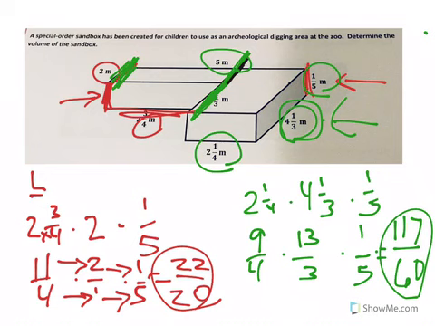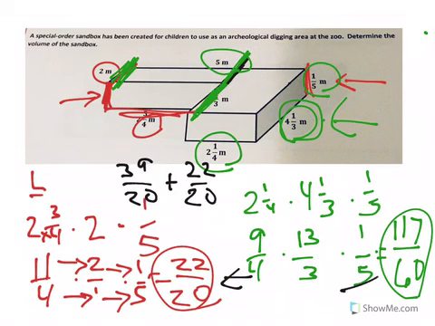which we can simplify into 39/20. And then we can add that to our 22/20 that we have here, because we have to put the pieces back together. We end up with 61/20. 20 goes into 60 3 times.